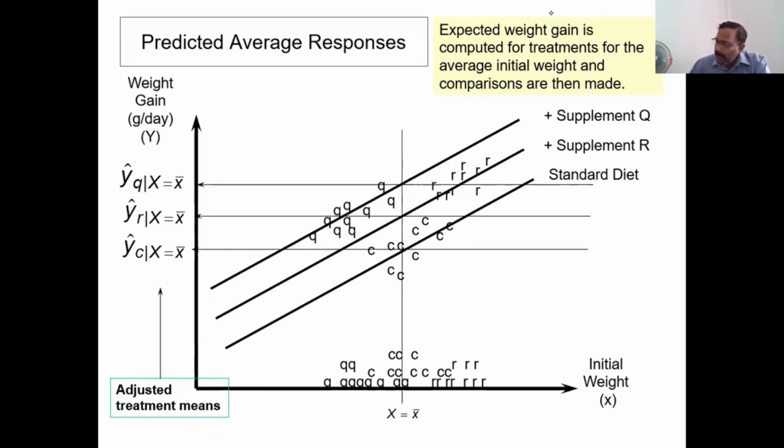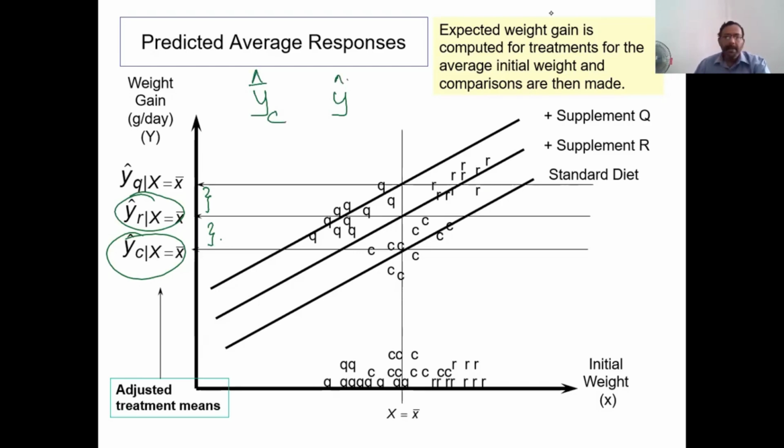Now we have adjusted the means. Look at it. Can you say this is the adjusted mean of the standard diet? We call it the predicted value, right?